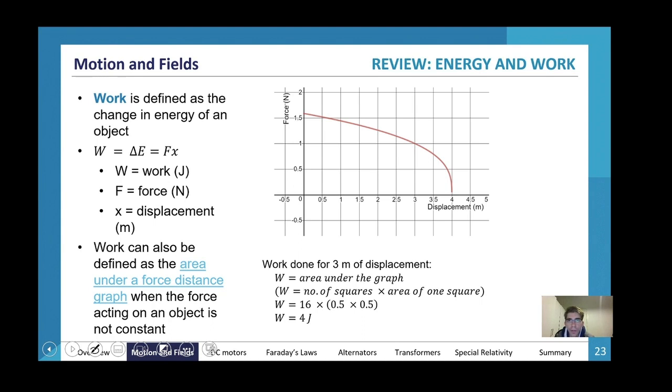But how do we find work using the area of the graph? Well, let's consider work done for 3 meters of displacement. The work will be the area under the graph.